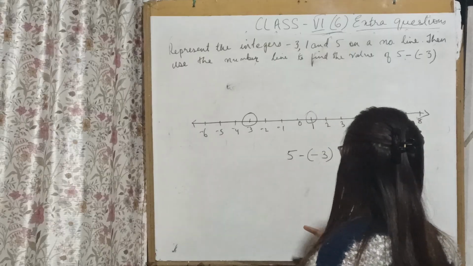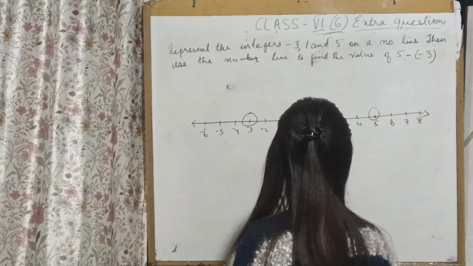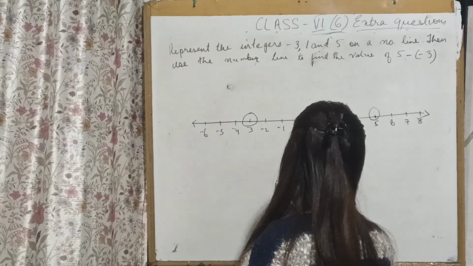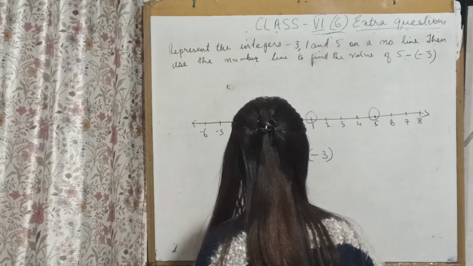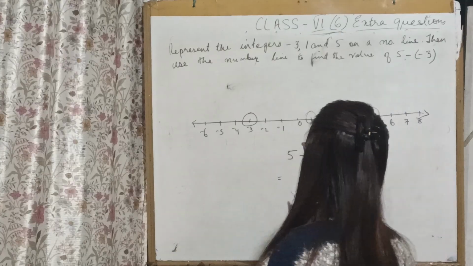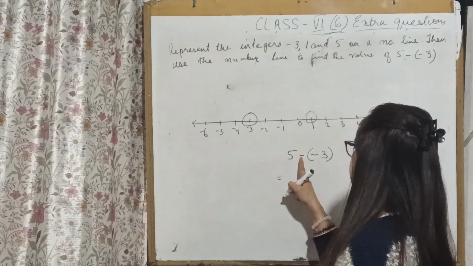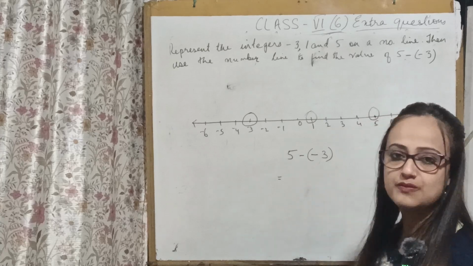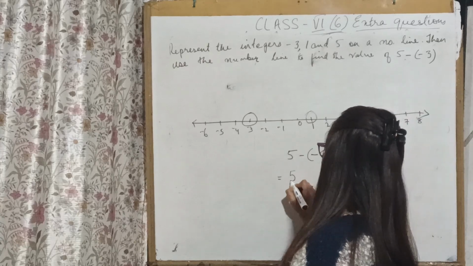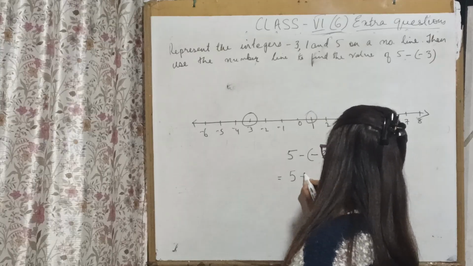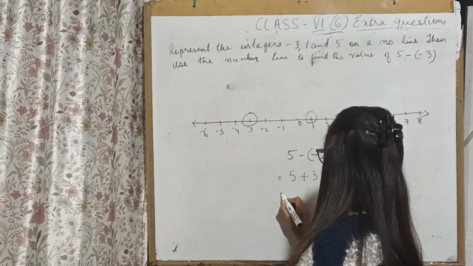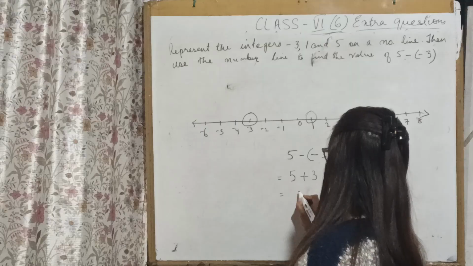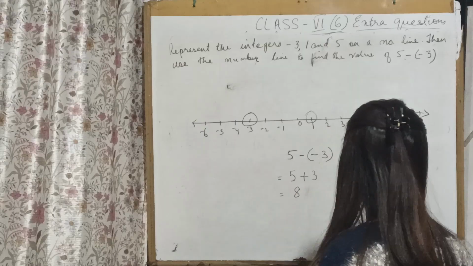So to get the perfect answer without making any mistake, first we will solve this part. Minus outside the bracket, minus inside the bracket needs to be multiplied. Minus into minus is a plus. So how much are you getting? 5, 6, 7, 8. A positive 8.